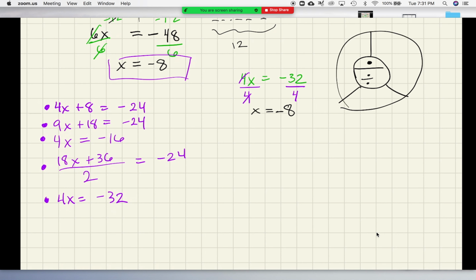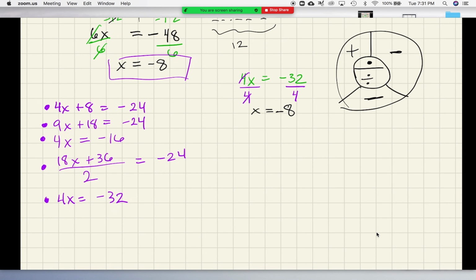You can have a positive times or divided by a negative, and you'll get a negative. We used to think of it as a pig winking at you: there's an eye, there's a wink, and there's his mouth. If you have a positive times a negative, you end up with a negative. A negative times a negative, you end up with a positive. And a positive times a positive just stays positive.